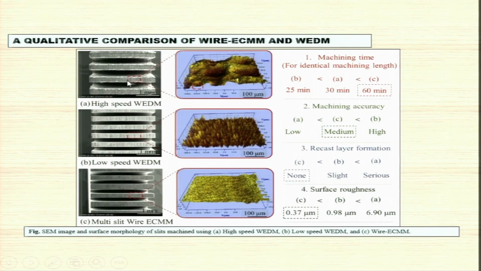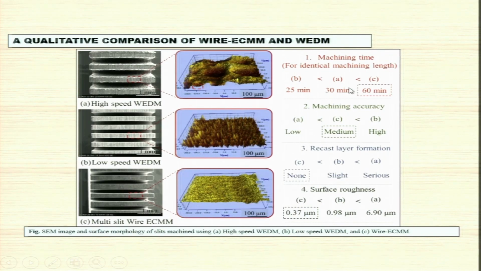High speed wire EDM, this particular feature has been created, and this is the surface texture for this particular area, and this is with low speed wire EDM process, and this is the surface texture of this particular part shown over here, and this is the multi-slit wire electrochemical micromachining, and for this surface, this is the surface texture over here.